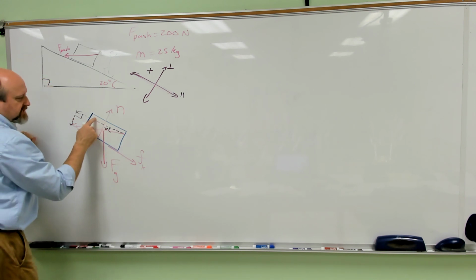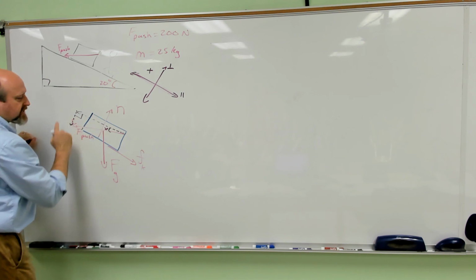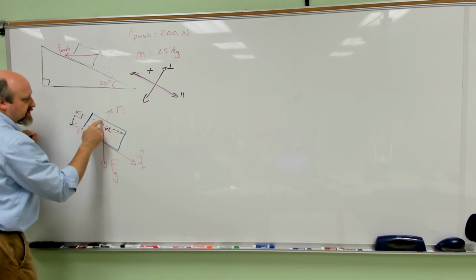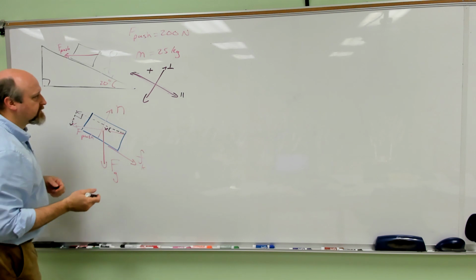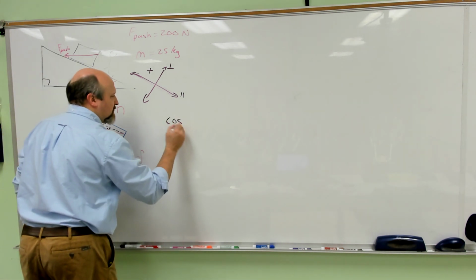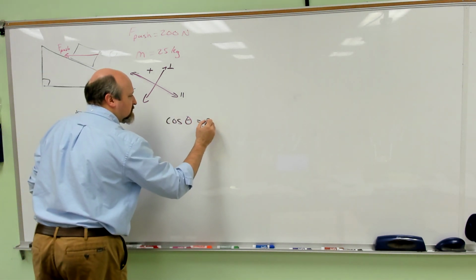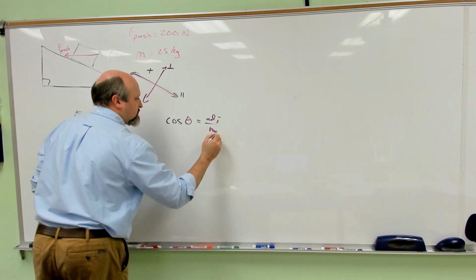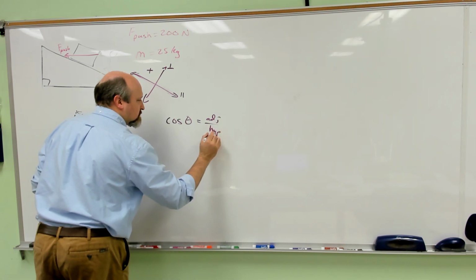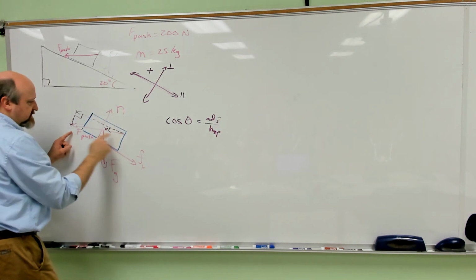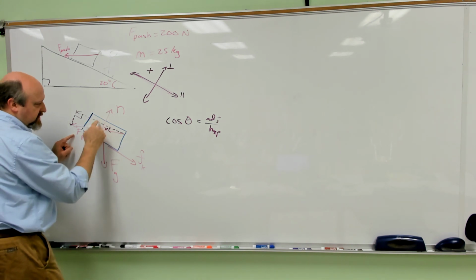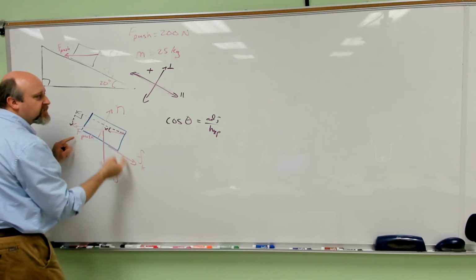And that makes this side the adjacent side, this side the opposite side to that angle. So for the adjacent side here, I'm going to use the cosine function, since we know the cosine of an angle is the adjacent over the hypotenuse. I know the hypotenuse is F push. This is the adjacent, the leg touching the angle. I'm going to use cosine.